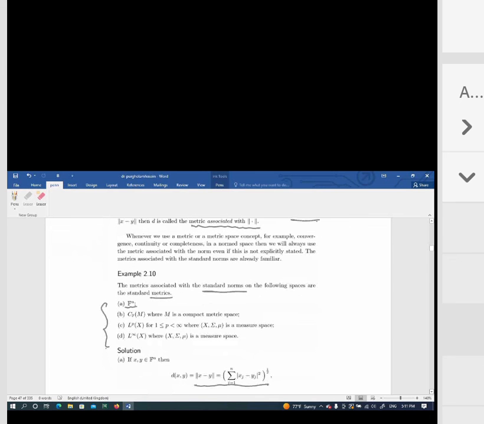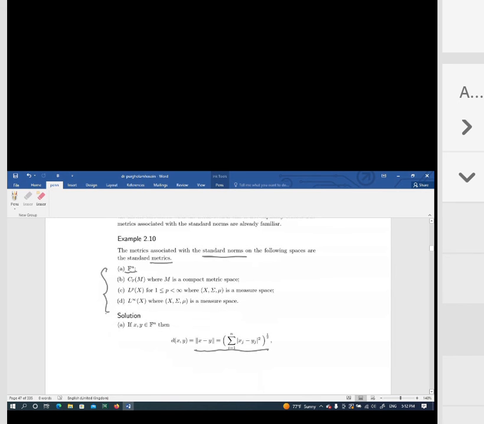Okay, another example. For F^n, C(X), L^p(X), and L infinity(X), we can define a metric associated with the standard norm like this.